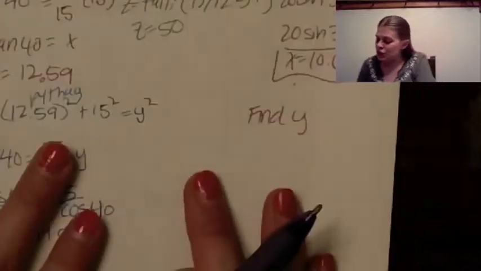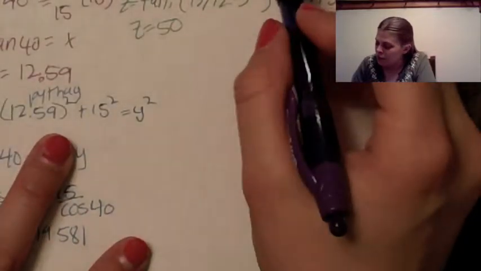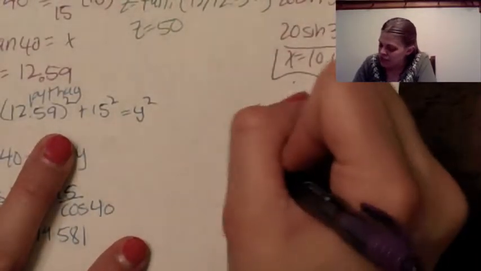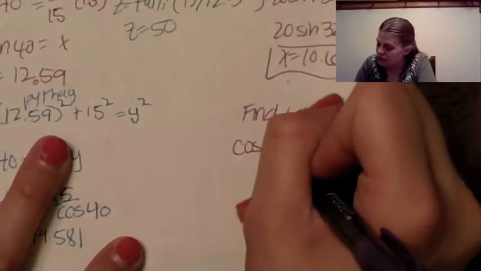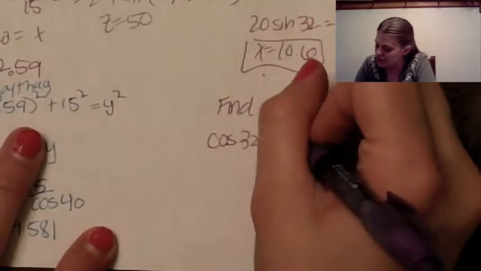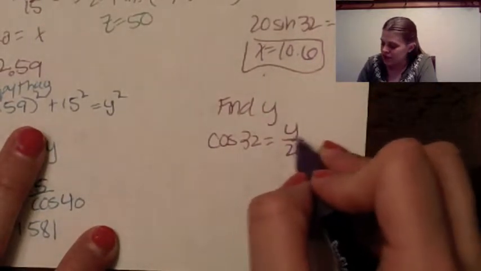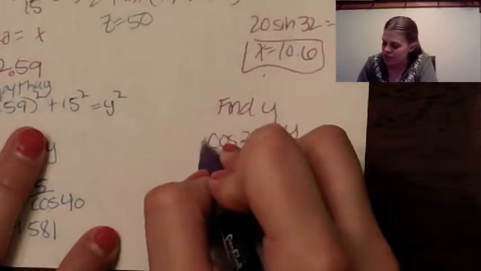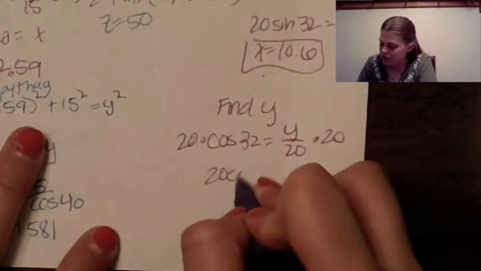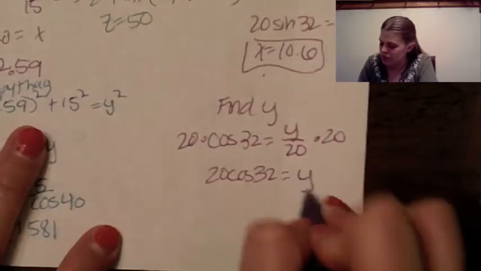Okay, so if I want to find y, we have adjacent over hypotenuse, so that's cosine of 32 degrees equals adjacent, which is y, over hypotenuse, which is 20. Once again, to get the y by itself, I multiply by 20 on both sides. So I have 20 cosine 32, which equals y.